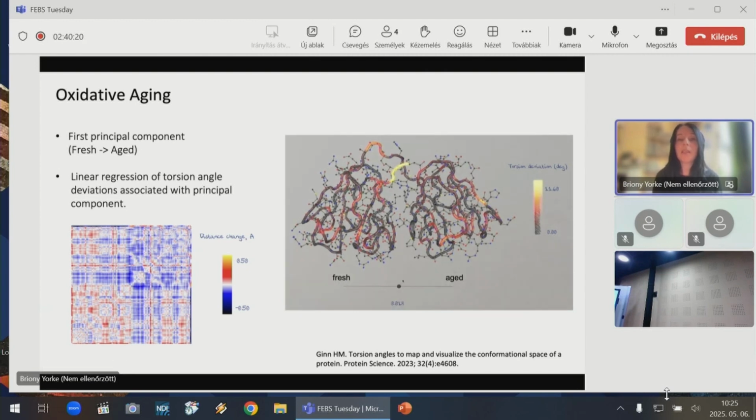Here we can see a sort of breathing motion, with large structural changes or significant torsion angle changes highlighted in the lighter red and yellow colours as we change from our fresh to adduct-bound structure.